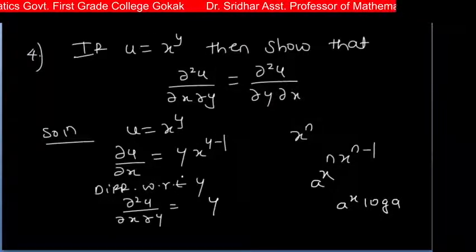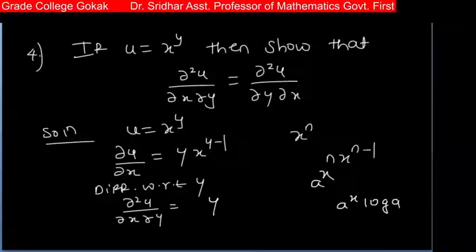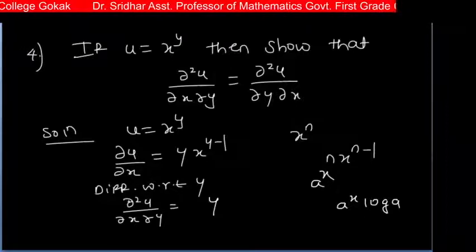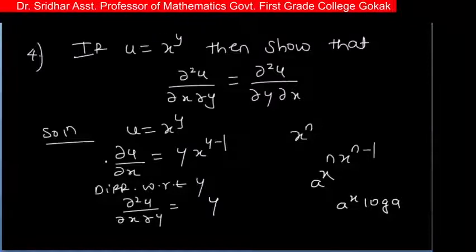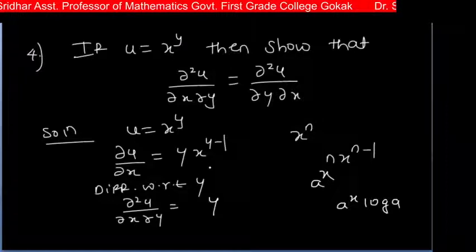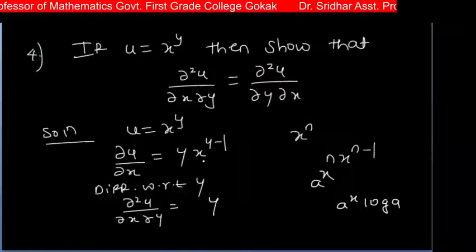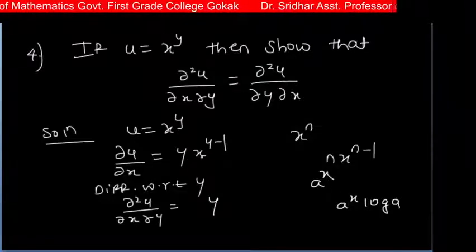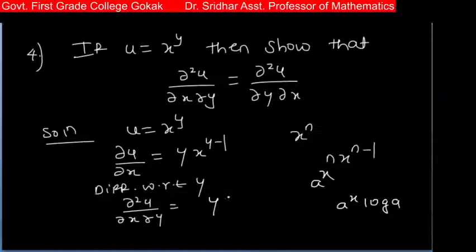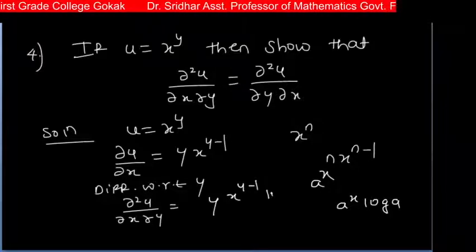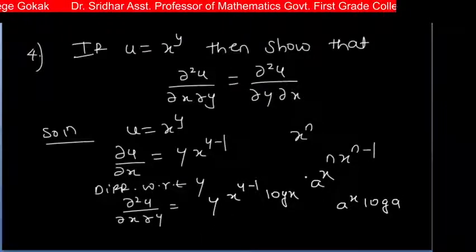This x is a constant to the variable, so it is of the form a raised to x, so a raised to x log a, so x raised to y minus 1 log x. Okay, this is the differentiation of the first function.